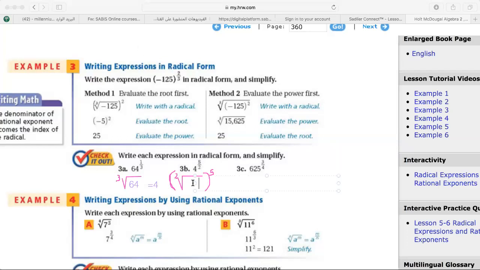And inside I have the radicand, which is 4. So the square root of 4 is 2. 2 to the power 5 is 32.